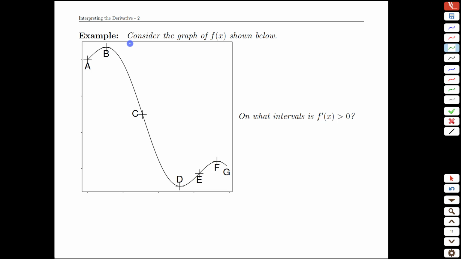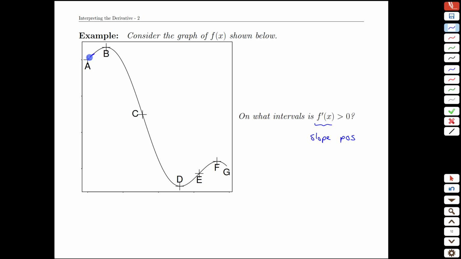Let's take a look at a graph example. If we have this function here, we can ask on what intervals is f prime of x greater than 0? If you're familiar with derivatives, this is easy. If you're not, just remember that translation. F prime is a slope. The instantaneous slope, slope of a tangent, all that extra stuff. But at the end of the day, it's a slope, and greater than 0 means positive.